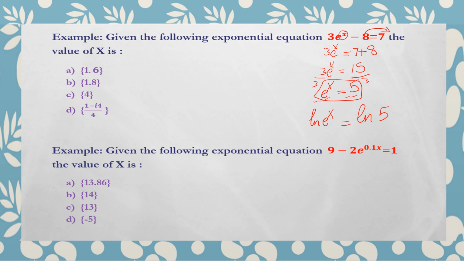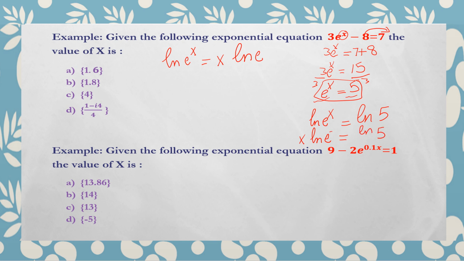And again, by recalling the property that says ln e power x means x times ln e, this would equal x times ln e equals ln 5.